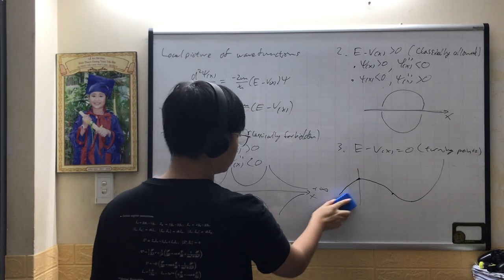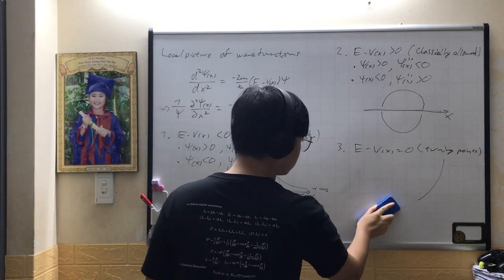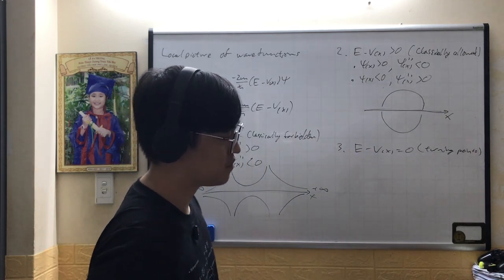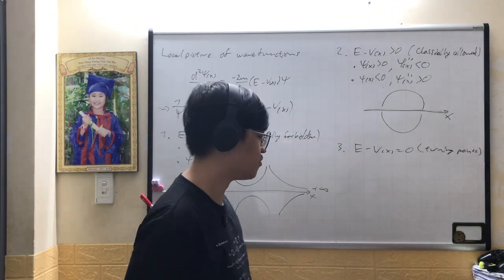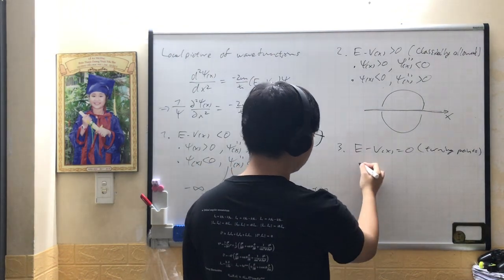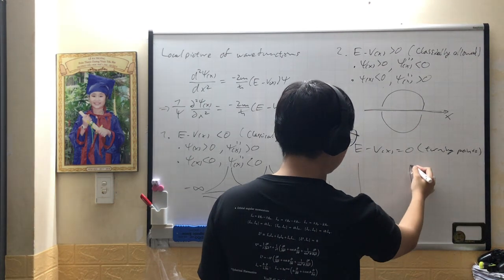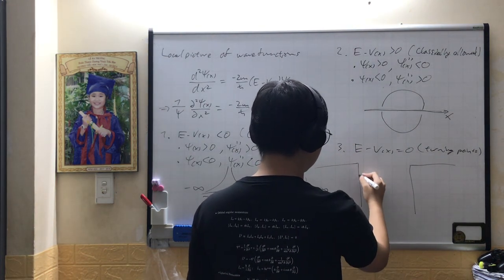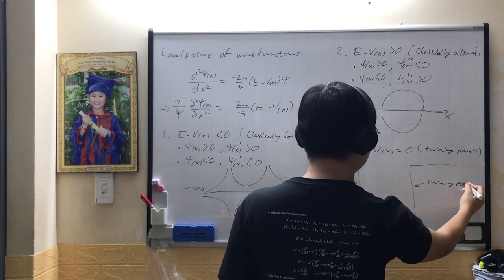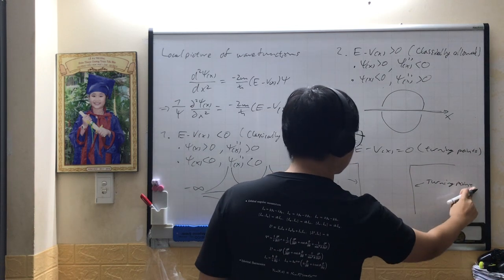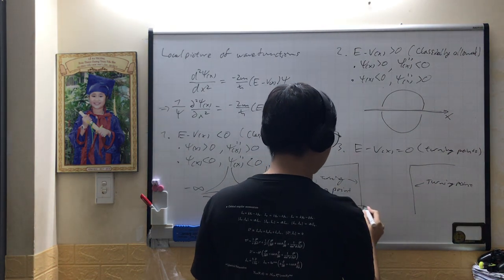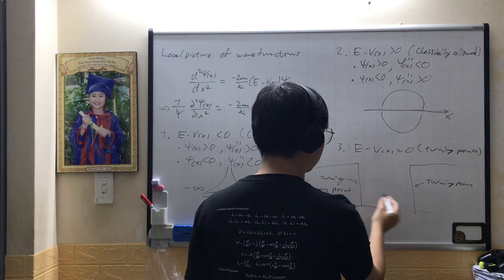So it would be the same in quantum mechanics, and turning points in the system would be at your boundary. So for example, you have your finite square well boundary. So these are the turning points. And a turning point is also at the nodes.